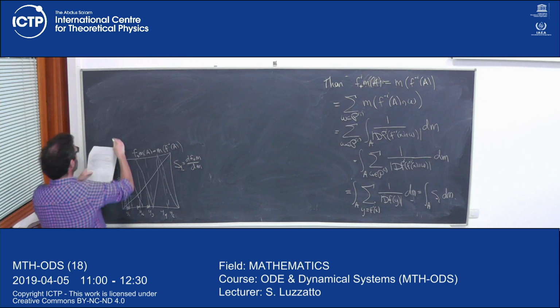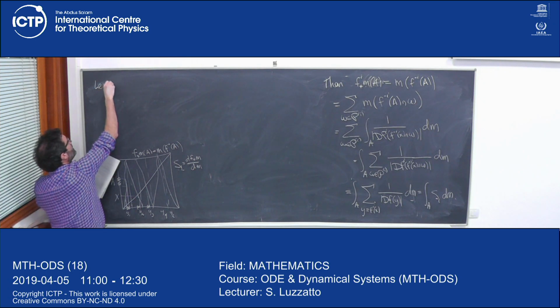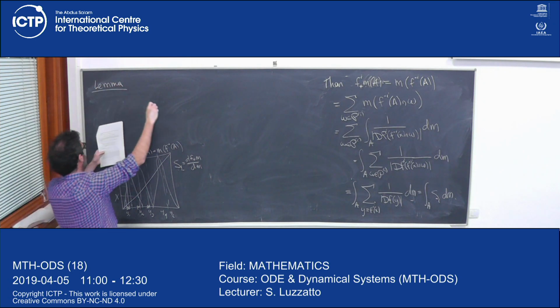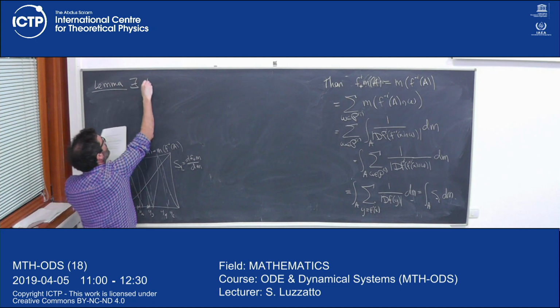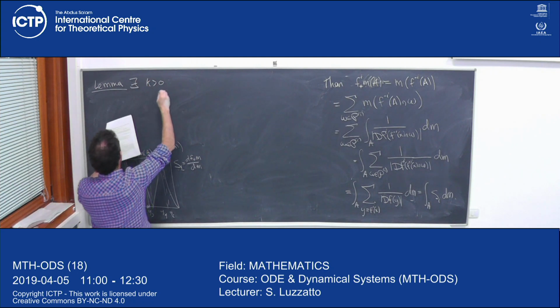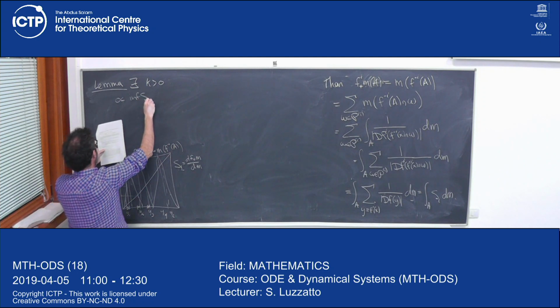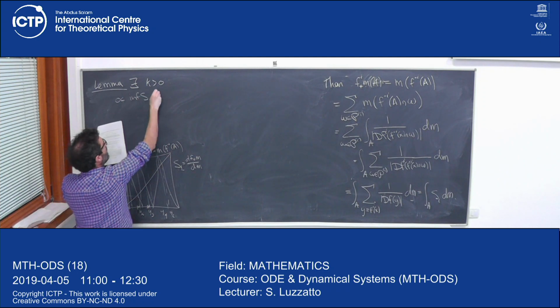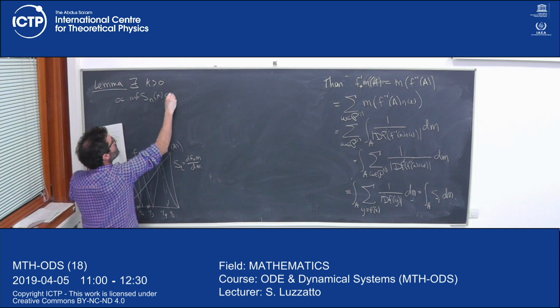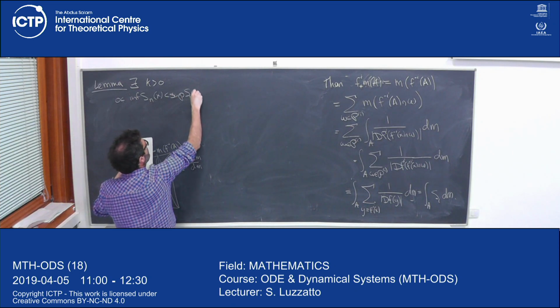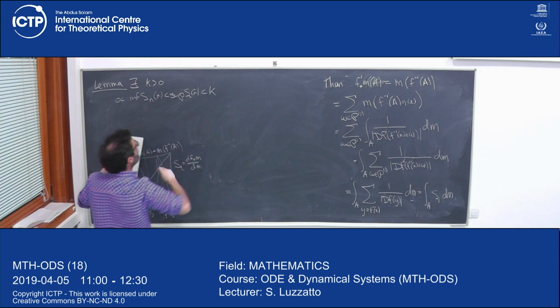So what we're going to show now is this lemma: there exists a constant k greater than 0 such that the inf of Sn of x is less than the sup of Sn of x, which is less than k.